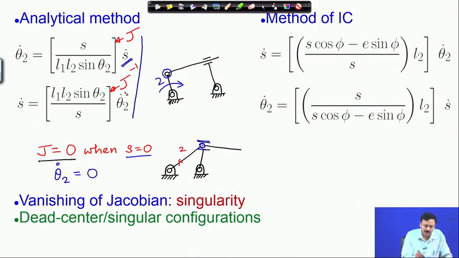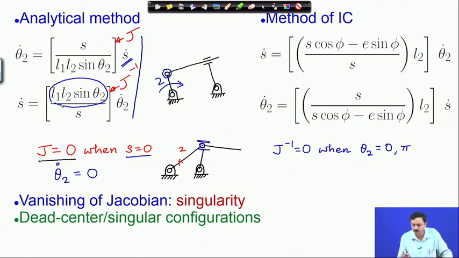When you look at Jacobian inverse, it is equal to 0 when theta 2 is equal to 0 or pi radian. That you can very easily see, because the numerator of Jacobian inverse has this sin theta 2. So, that will vanish whenever theta 2 is 0 or pi.